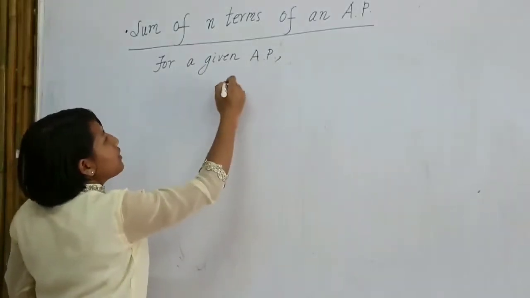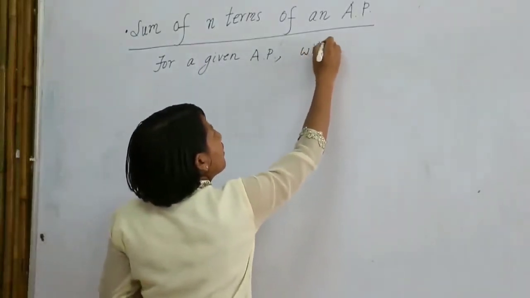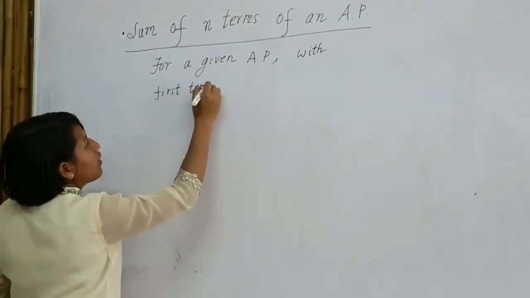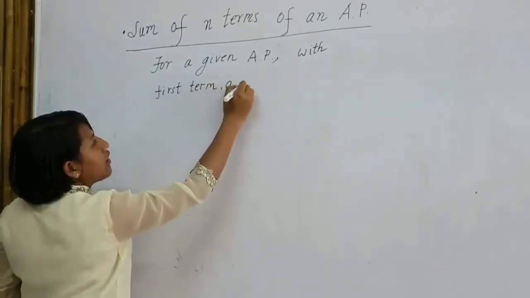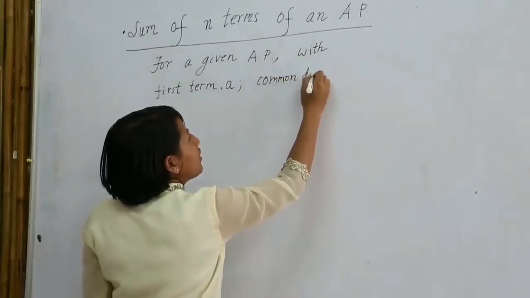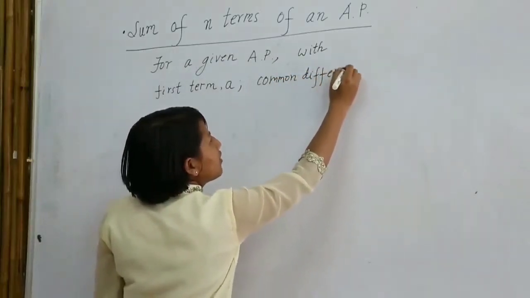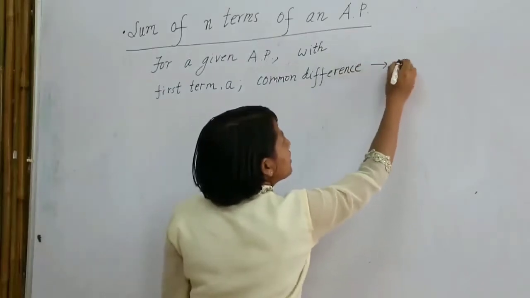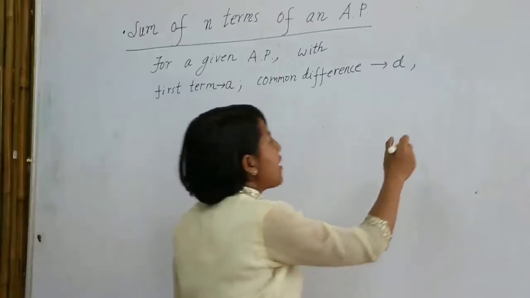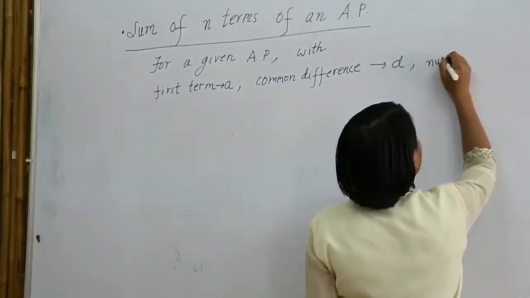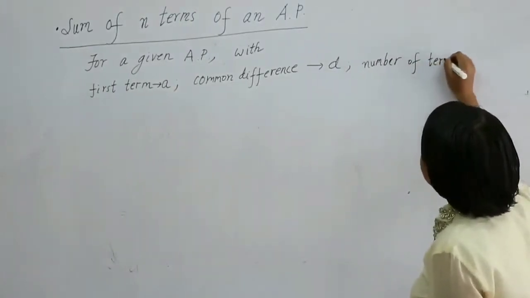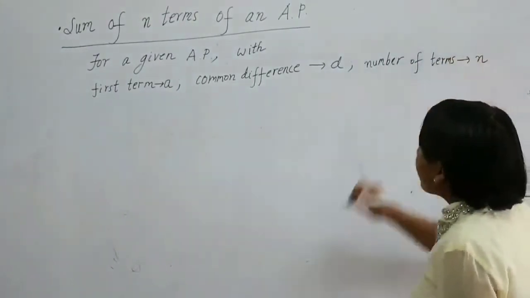So for a given AP with first term A, common difference D, and the number of terms to be n.